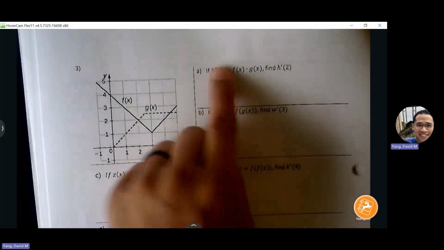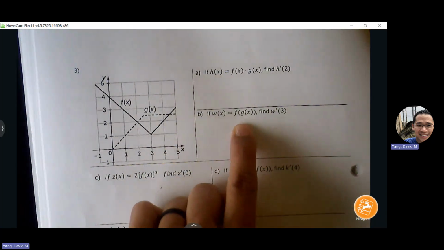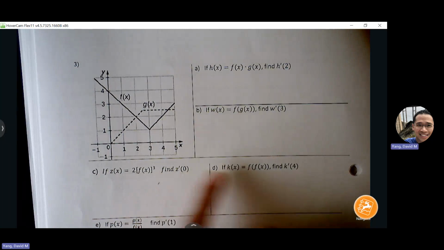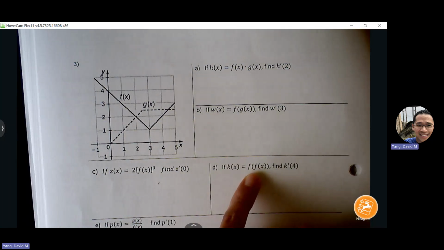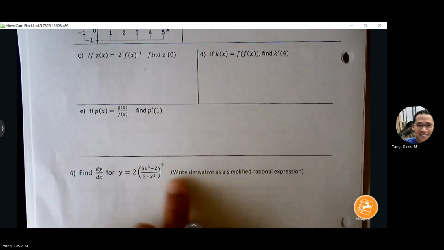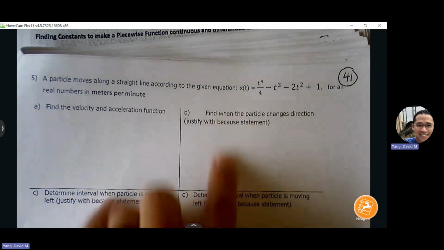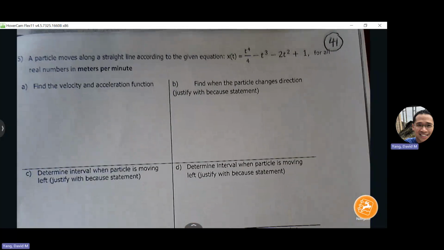You've got the graph with product rule and chain rule, chain rule and quotient and chain rule again, quotient rule, and then a problem with chain rule again. And then it's something you recognize, an extended particle motion problem. This is what your test will look like.